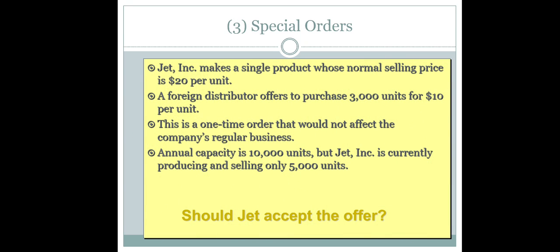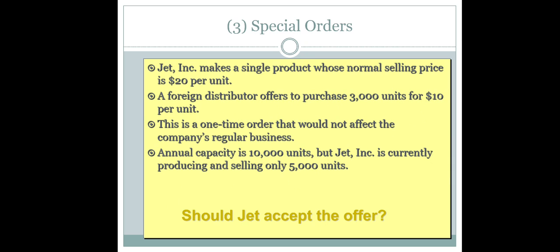Okay, this is an example. Jet Incorporated makes a single product whose normal selling price is $20 per unit. A foreign distributor offered to purchase 3,000 units, but requests a price of $10 per unit only. Okay, this is a one-time order that will not affect the company's regular business.